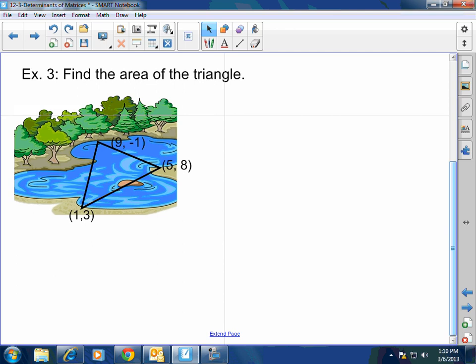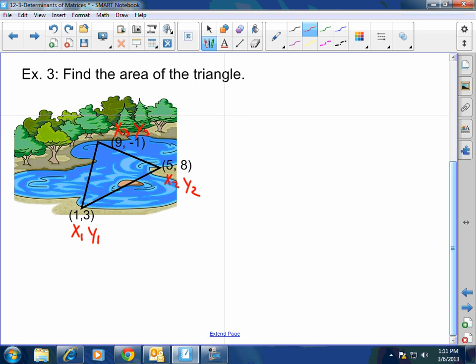But if I want to find the area, let's say I'm looking for a missing treasure, and we know that it's inside of this triangular area. I want to know the size of this area to know how long it's going to take me to search for this treasure. Well, first things first, label, label, label, label. x1, y1, x2, y2, x3, y3.